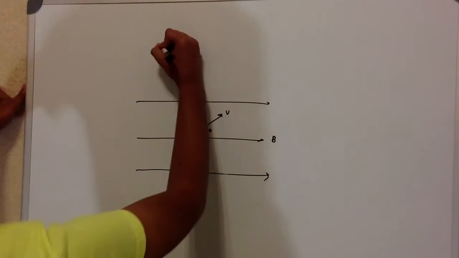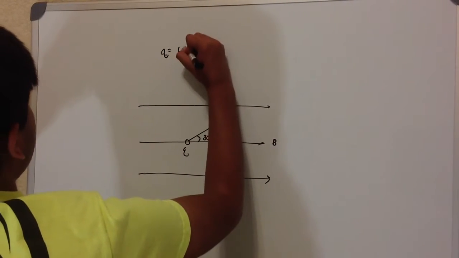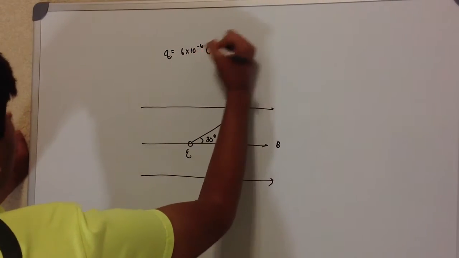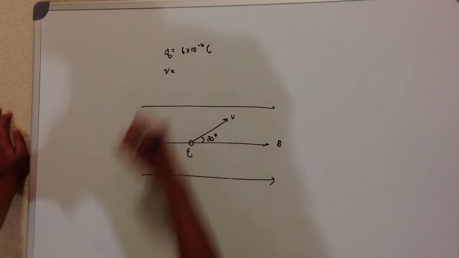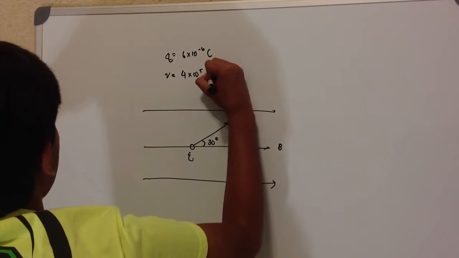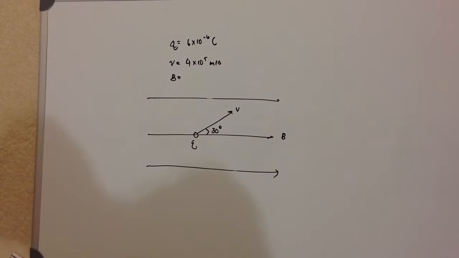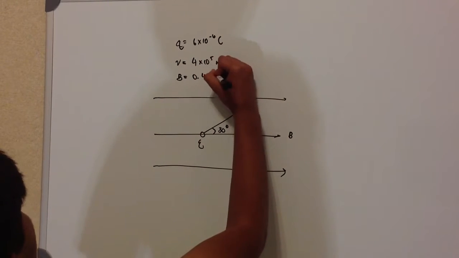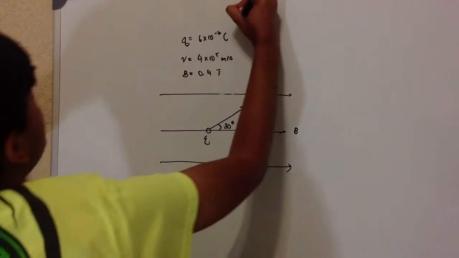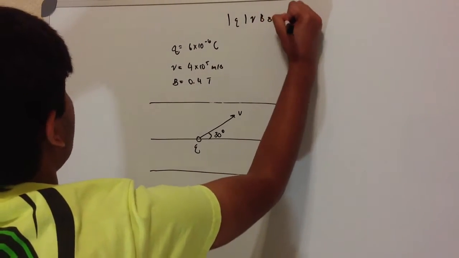So the value is Q equals 6 times 10 to the power of negative 6 coulombs. Velocity equals 4 times 10 to the 5th meters per second. And the magnetic field equals 0.4 Teslas.